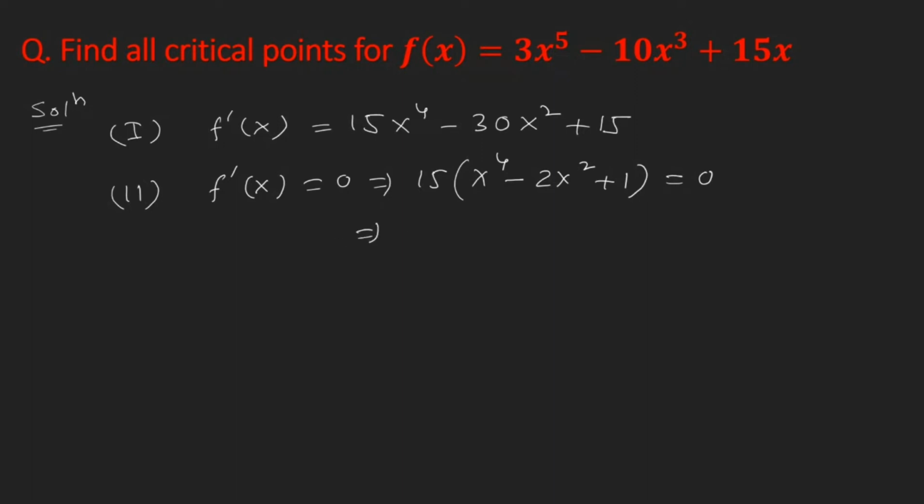So this implies x to the power 4 minus 2x square plus 1, which is equal to (x square minus 1) whole square, which is equal to 0.